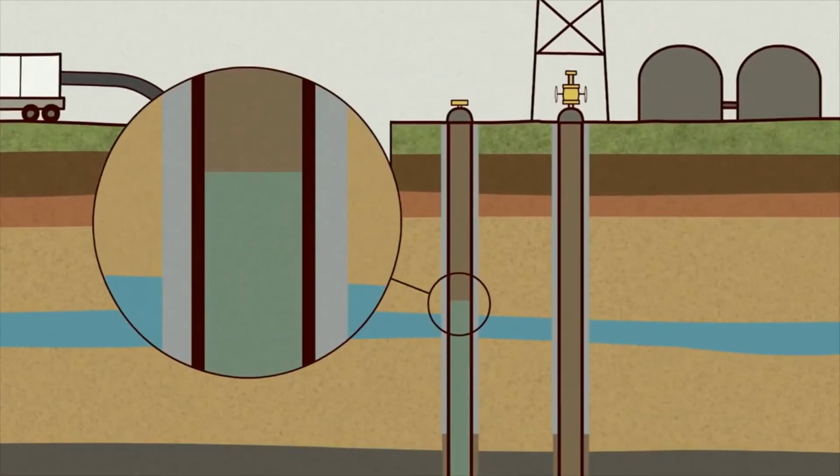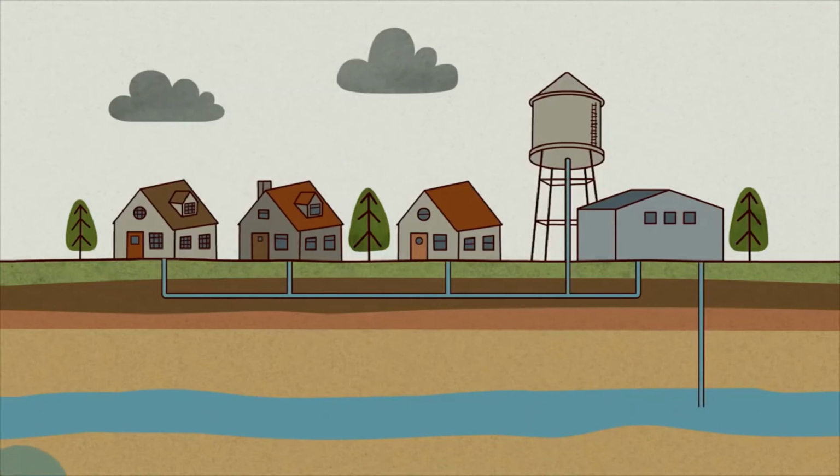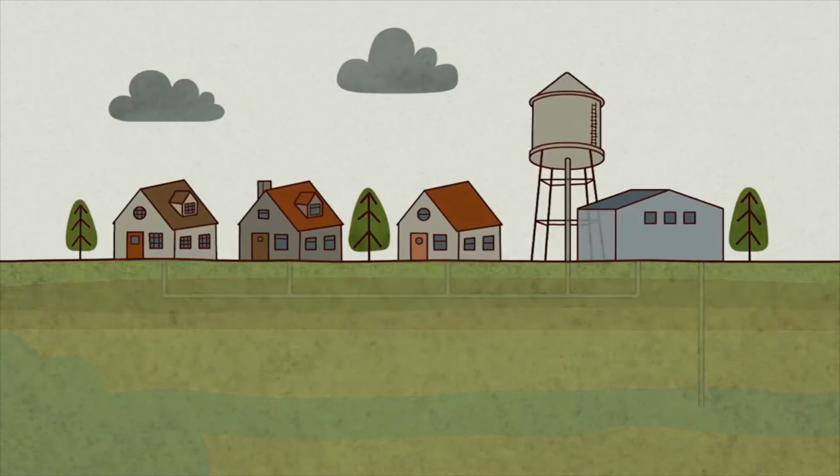Wells are typically encased in steel and cement to prevent contaminants from leaking into groundwater. But any negligence or fracking-related accidents can have devastating effects. Fracturing directly into underground water, hazardous underground seepage and leakage, and inadequate treatment and disposal of highly toxic wastewater can potentially contaminate drinking water around a fracking site.